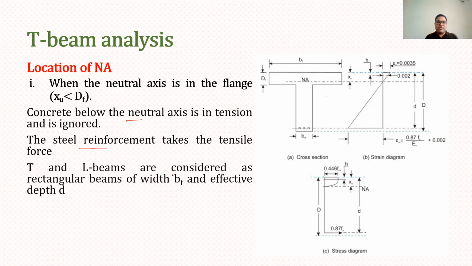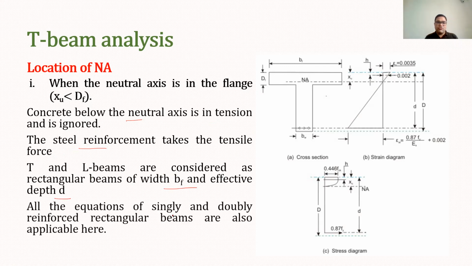T and L beams are considered as a rectangular beam of width Bf and effective depth D. All the equations of singly and doubly reinforced rectangular beams are also applicable here, because we have assumed the same beam as a rectangular beam with the width of flange as Bf. So that is the simplest case.